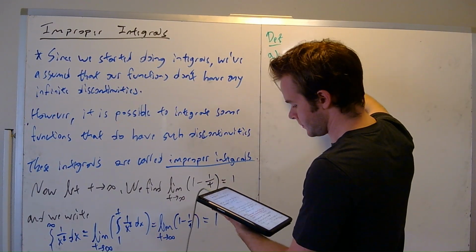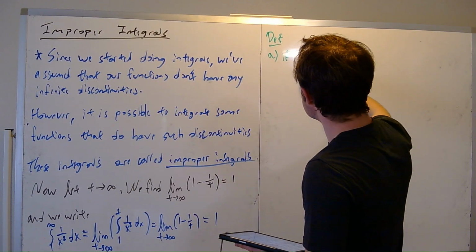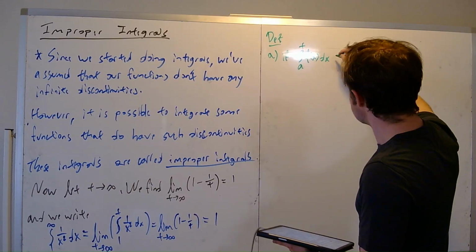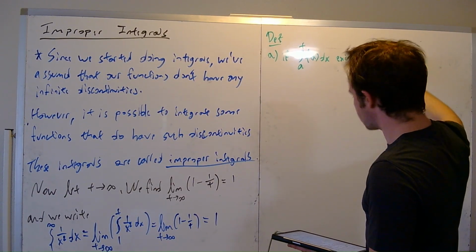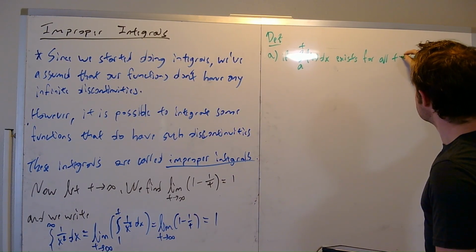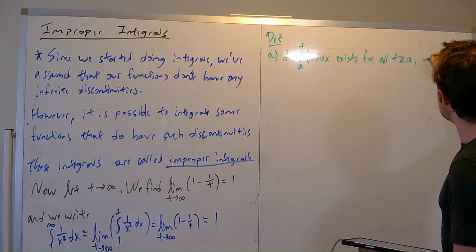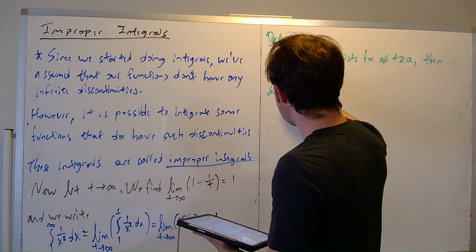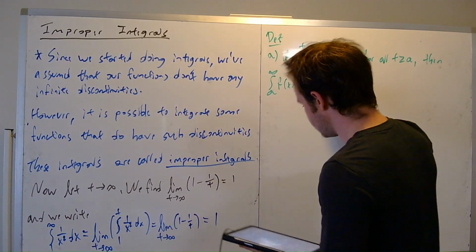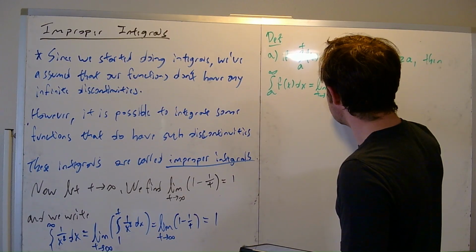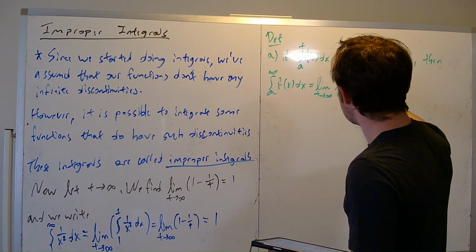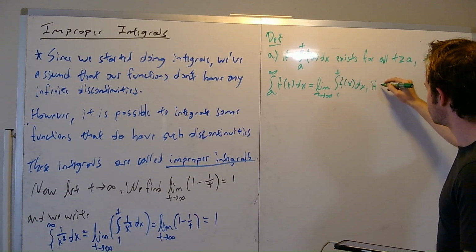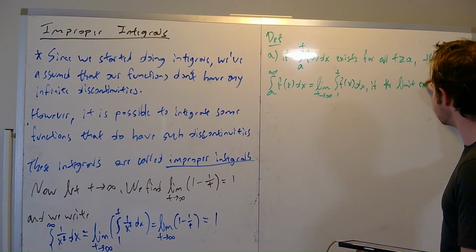Part A is going to say if the integral from a to t of f of x dx exists for all t greater than or equal to a, then the integral from a to infinity of f of x dx is equal to the limit as t goes to infinity of the integral from a to t of f of x dx, if the limit exists.